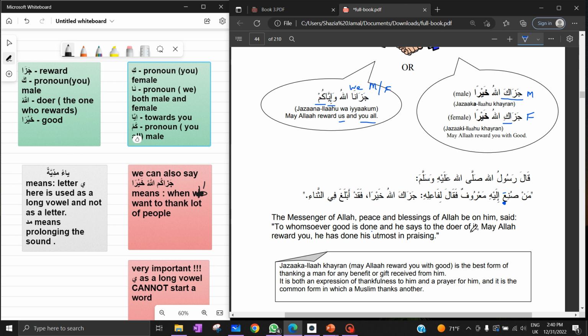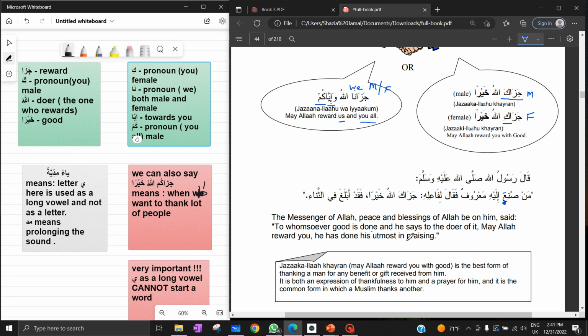If somebody does any good to you, what will you say to the person who has done good to you? The person who has done good to you is the fa'il. So what will you say? Jazakallahu khairan. May Allah reward you. Faqad ablagha fi thana. Thana means praise.